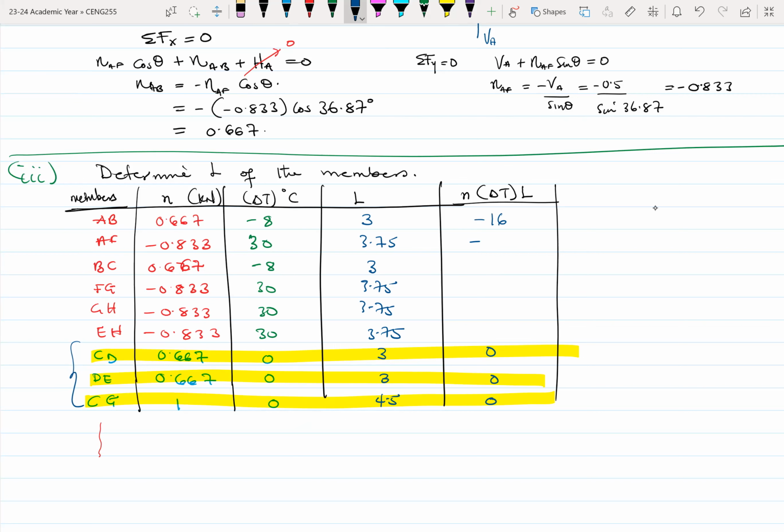Now you do the same for the other members, they give you minus 93.7, then minus 16 again, then minus 93.7, then minus 93.7, then again another minus 93.7. Please take note, if you have two negatives multiplying, you get a positive.